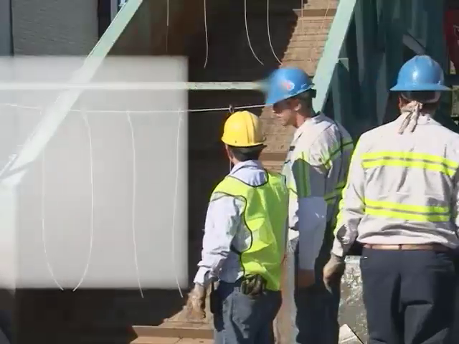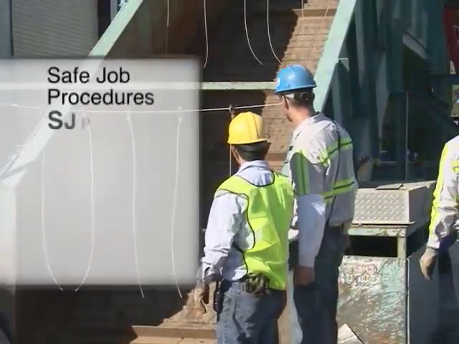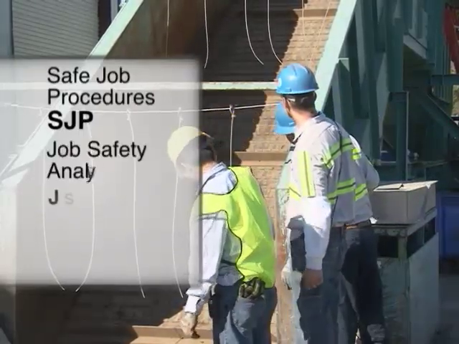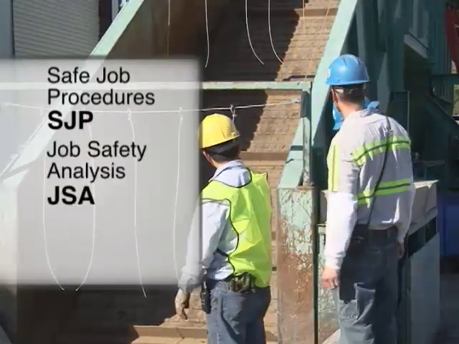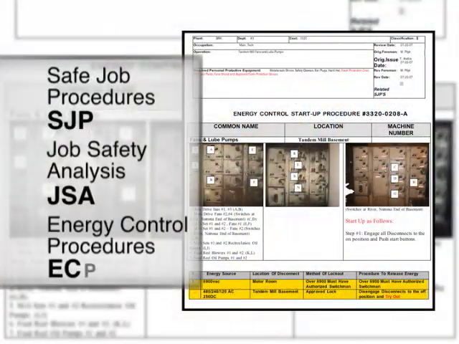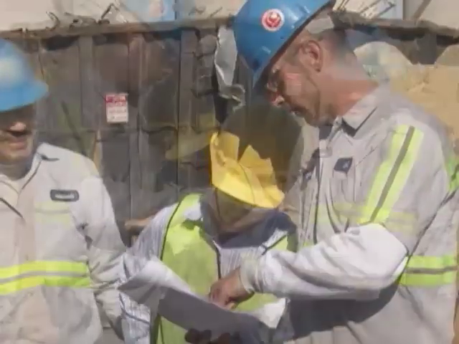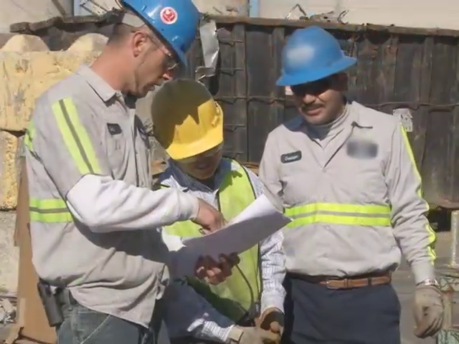Examples of this hazard recognition method include Safe Job Procedures, SJPs, Job Safety Analysis, JSAs, and Energy Control Procedures, ECPs.